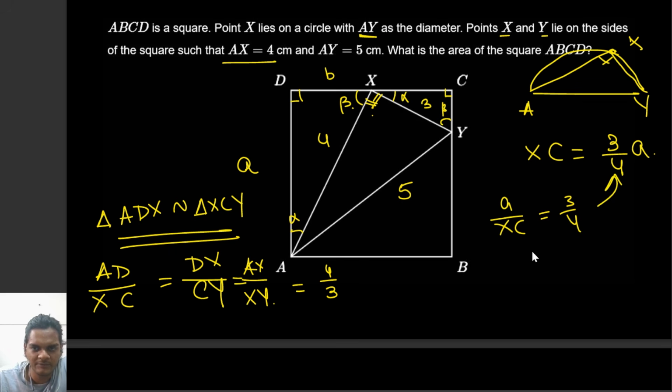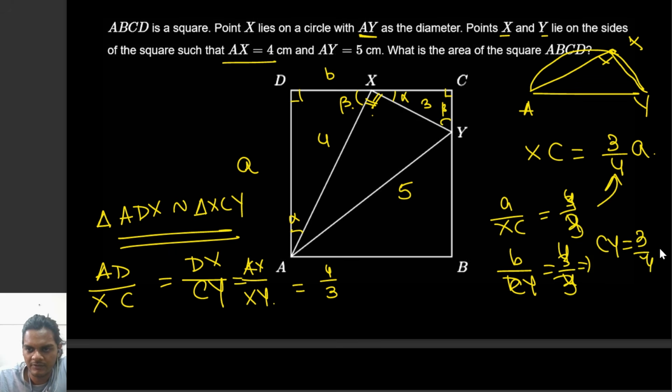So yeah, this is what you get. And similarly, DX was B, so B by CY was 3 by 4. So CY is equal to 3/4 of B. So this is 3/4 of A, this is 3/4 of B.